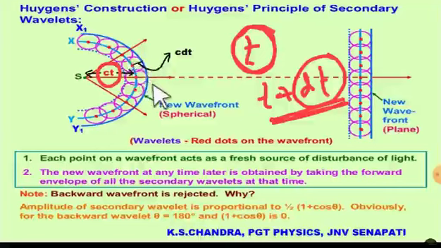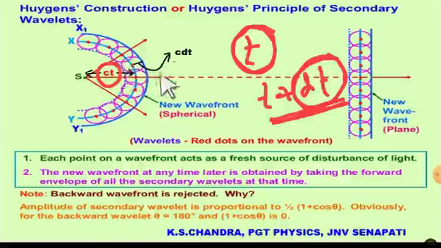At the time t plus dt, the distance moved by the light waves from these wavelets will be equal to c dt. This radius will be c dt, c dt, c dt, like this. All of it will be emitting out in all directions.